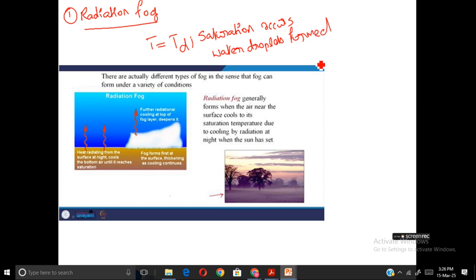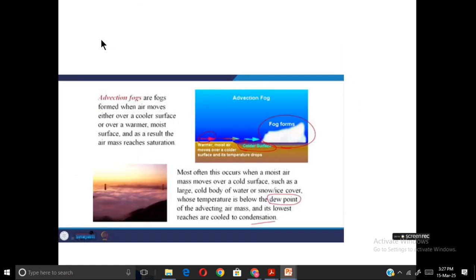During night time, the Earth's surface will be cooler, T reduces and reaches TD, and then it results in the formation of fog. The air parcel will be saturated, it will condense and form water droplets, which is basically fog. So that is radiation fog.